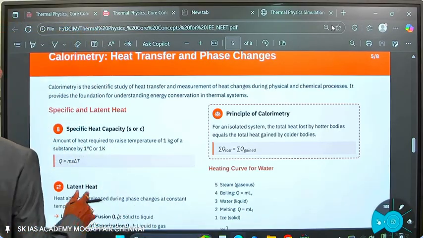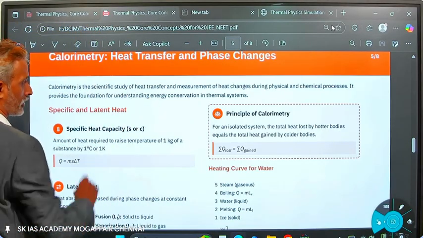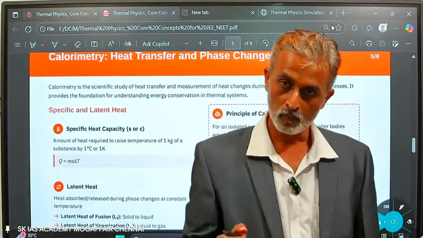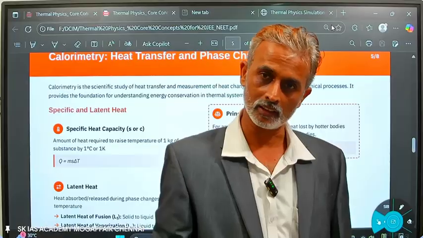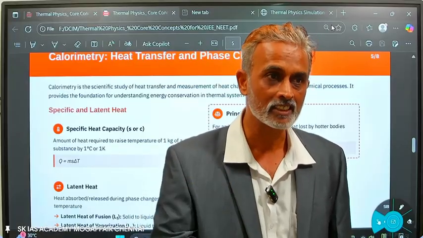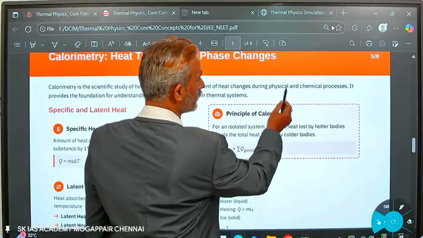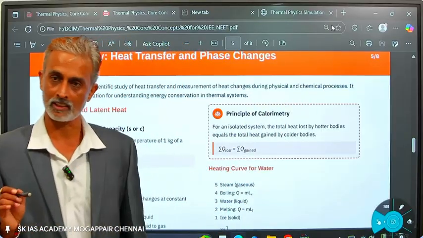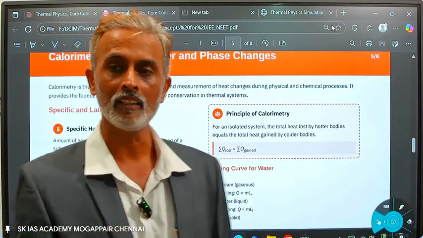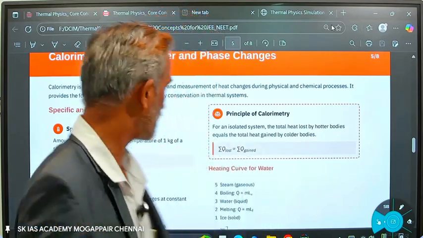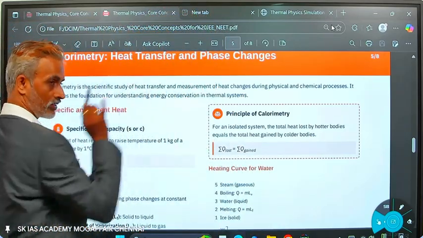Calorimetry is the scientific study of heat transfer and measurement of heat change, where heat transfer or phase change is going on, during physical and chemical processes. When will we use calorimetry? During a physical or chemical process when there is a phase change or heat transfer.